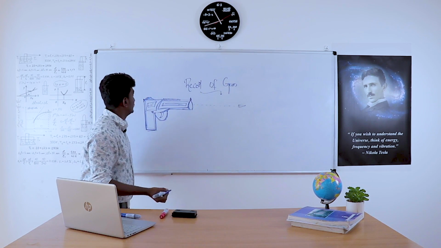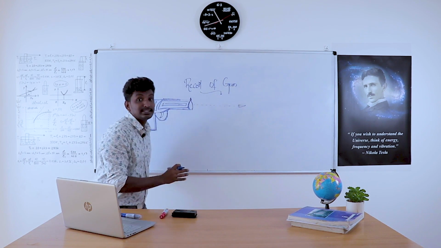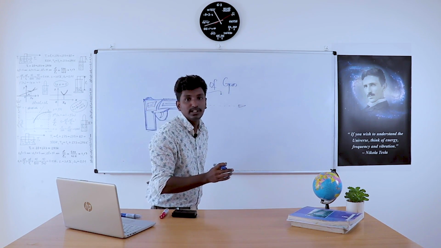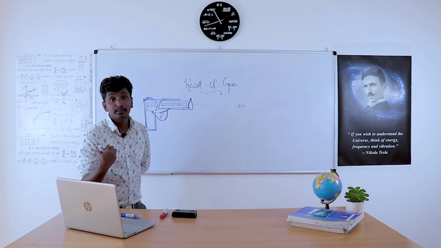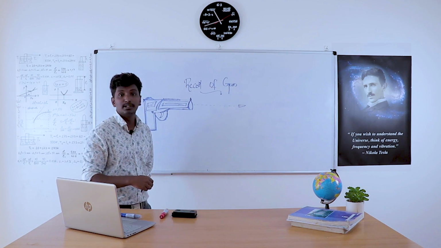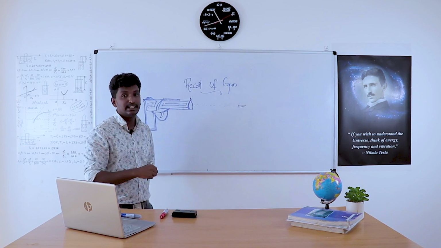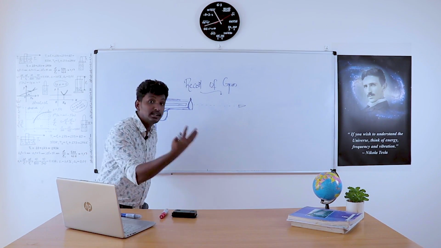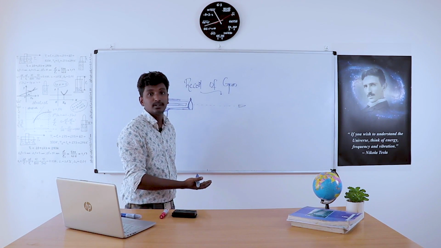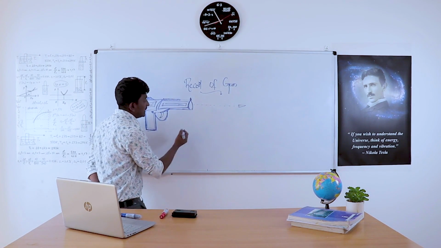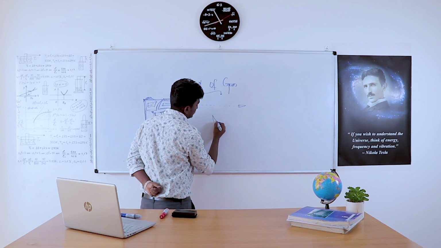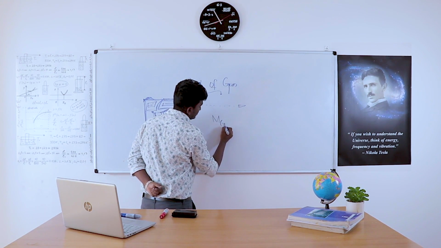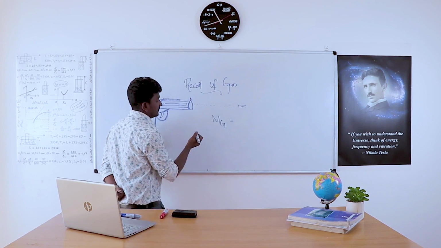Then by conservation of momentum, we already know that total momentum before collision is equal to total momentum after collision. In the case of firing a gun, we can say total momentum before firing should be equal to total momentum after firing. Then the gun has a mass, and I am representing this as mg, mass of gun.